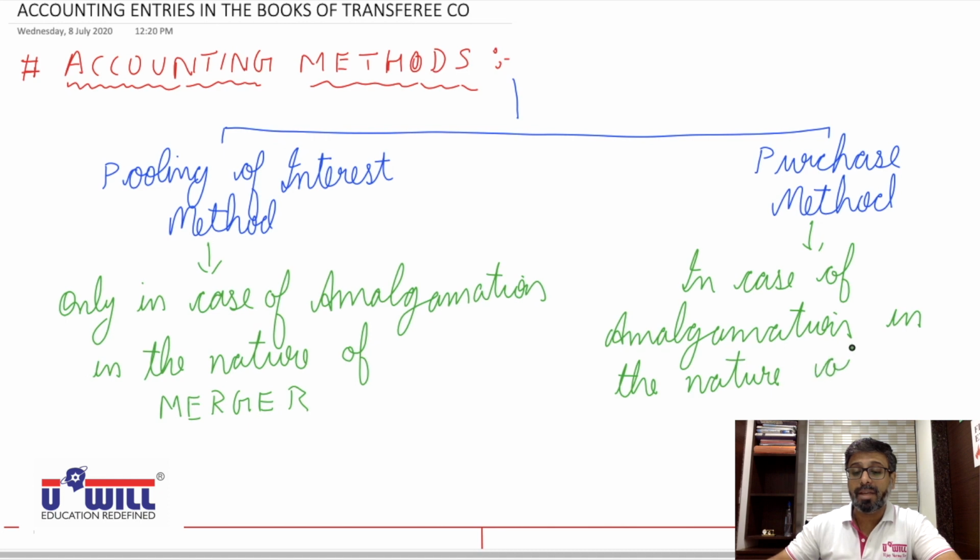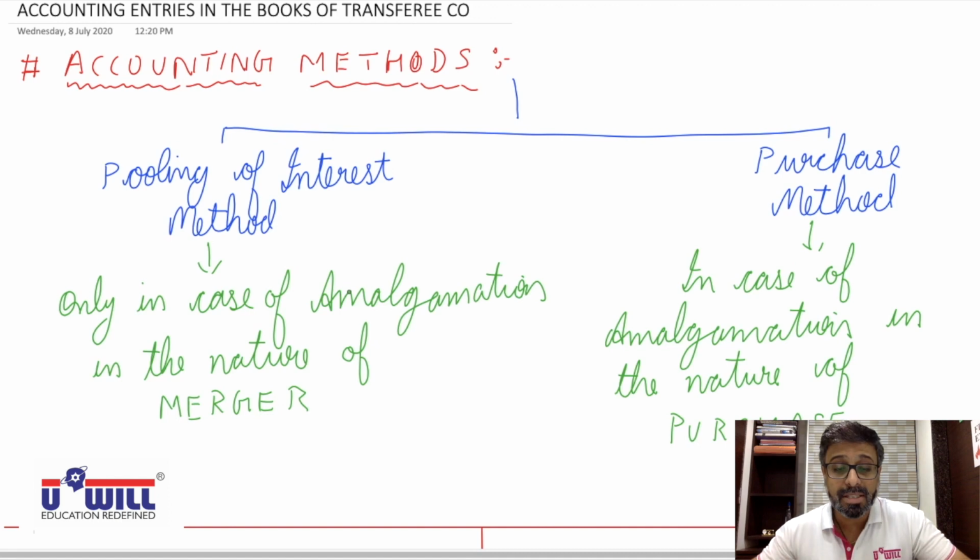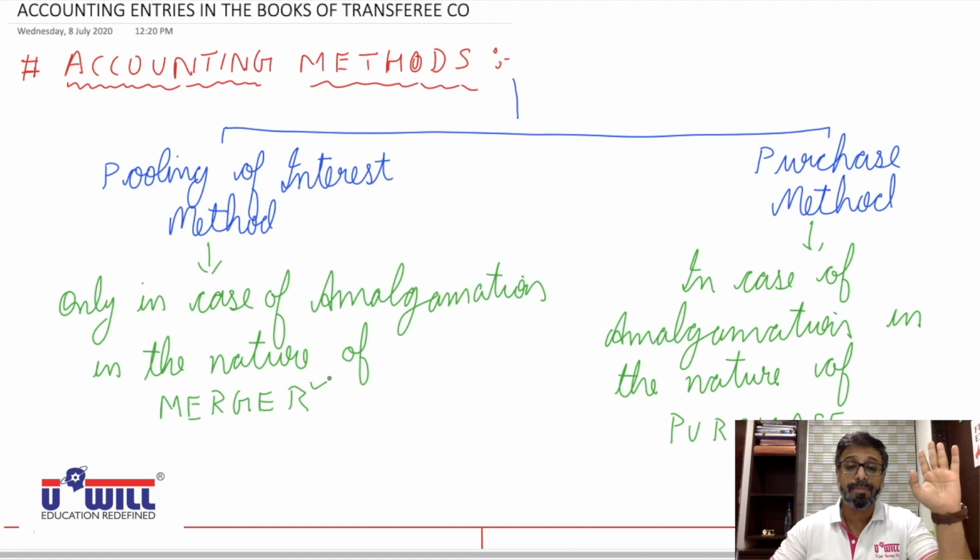So basically we already studied in lecture 1 how to identify whether it is amalgamation in the nature of merger or in the nature of purchase. For merger there are three conditions to be satisfied. All the assets and liabilities must be taken over. Secondly, at book values.